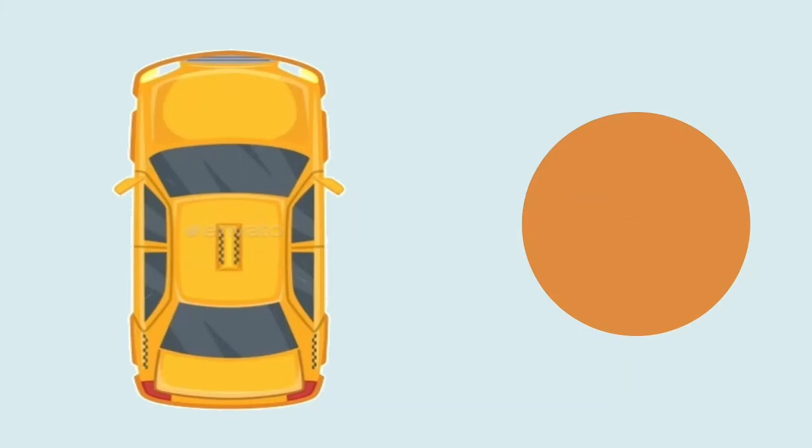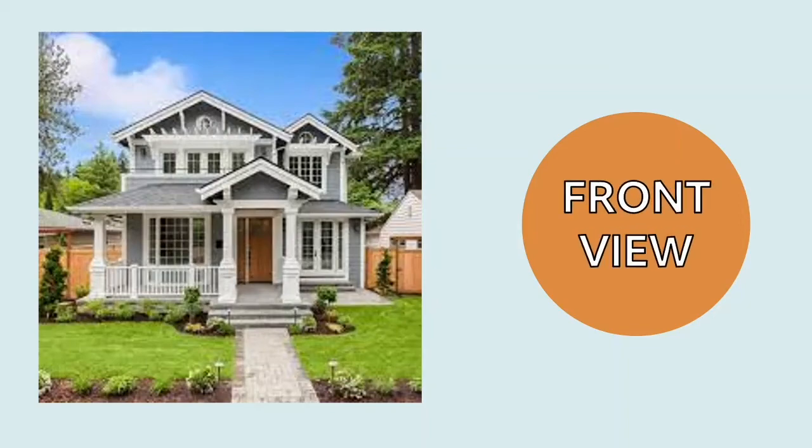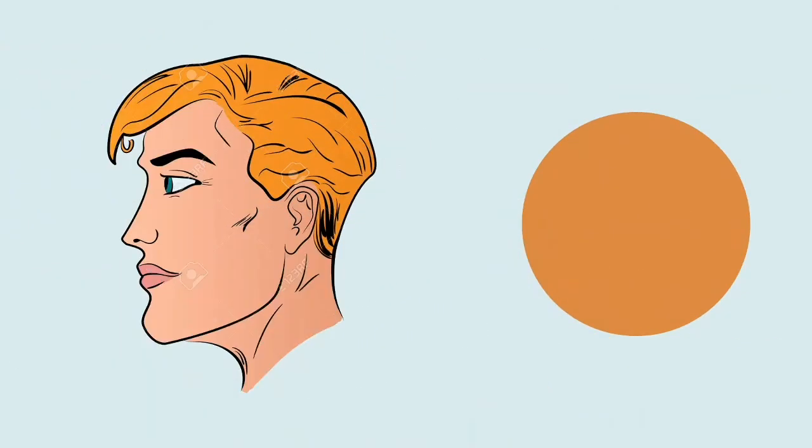It's the top view of the car. This is the front view of the house. Good. Most of you are guessing the right answer. Now this is the side view of the person.